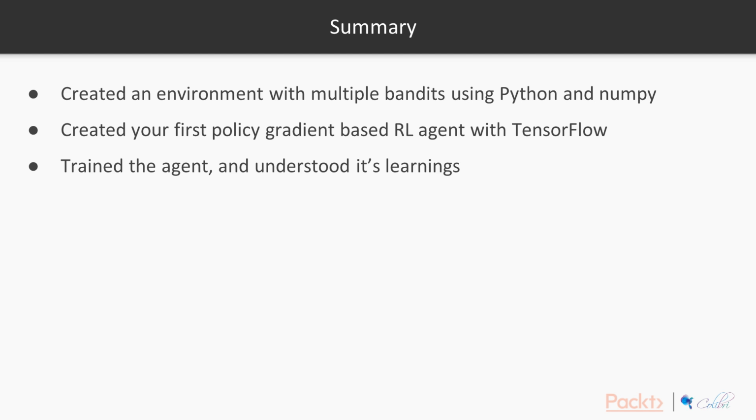To that, we then created our first policy gradient-based reinforcement learning agent with TensorFlow that allowed us to learn what state corresponded to what best actions to produce the best reward. Finally, we built on the training loop from the last section to build a training loop for this section that trains the agent, and allowed it to learn the right thing.